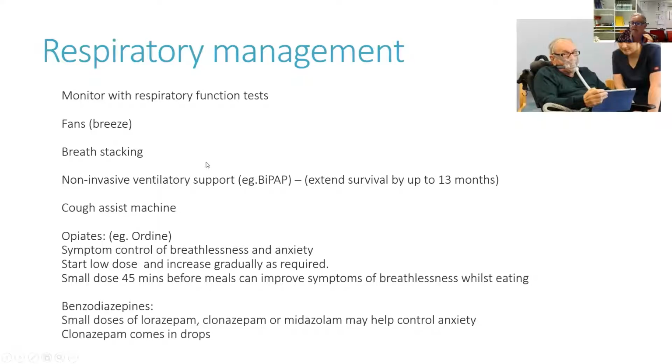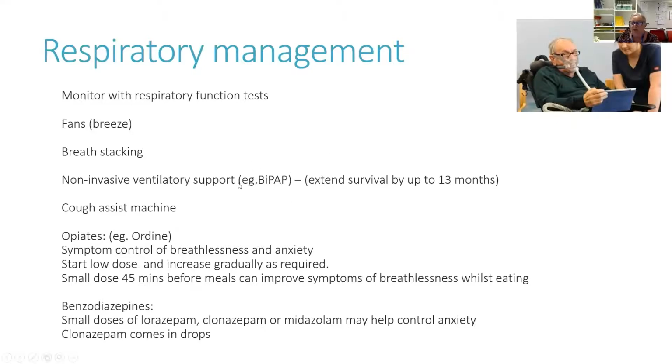Hopefully the physio has talked to you about breath stacking and the importance of having those deep breaths and pushing that diaphragm down as much as possible, and doing this at least once a day. Breathing is part of an exercise that you should be doing along with some of the other more motor physio exercises that you do.